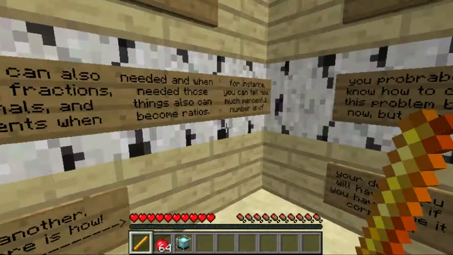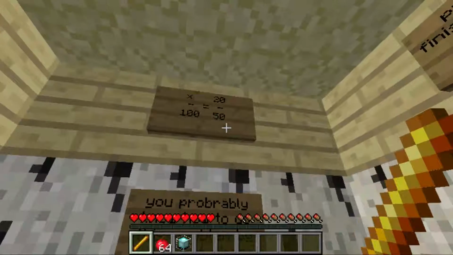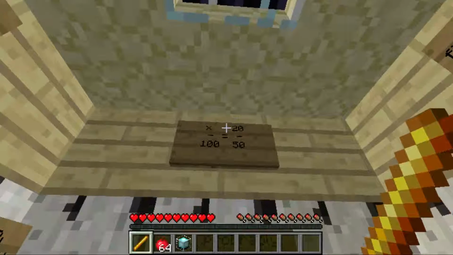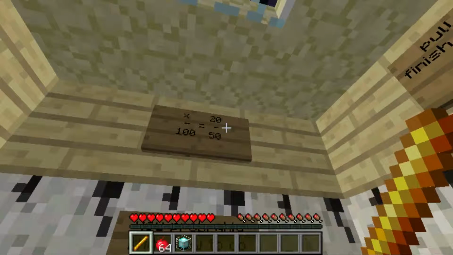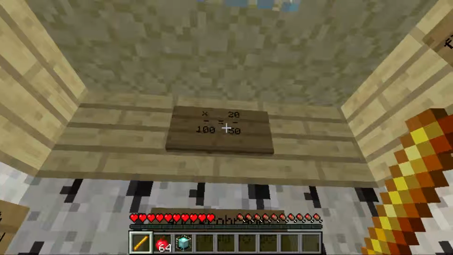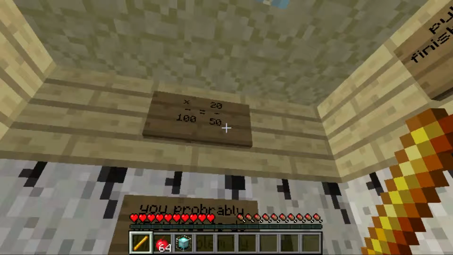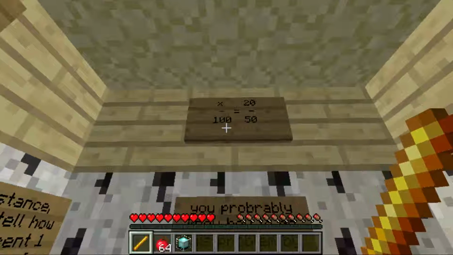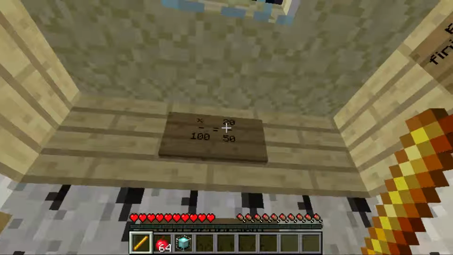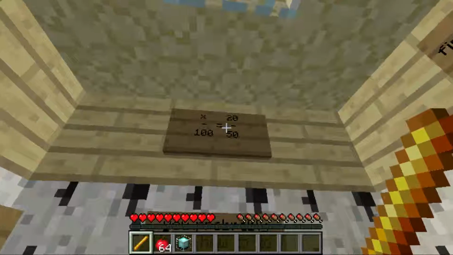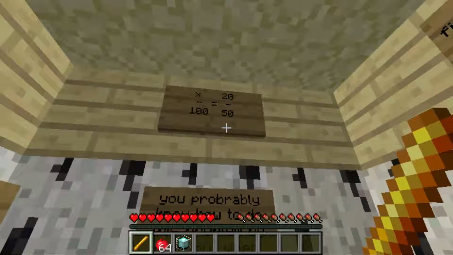Here's how. So, let's say you're trying to find out how much space 20 makes up of 50, and you're trying to find that in percent. So 50 will be the whole, and in percents, 100 is the whole, and 20 is how much you're trying to find out fills up 50.